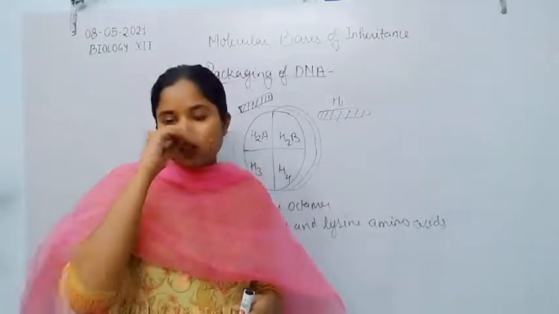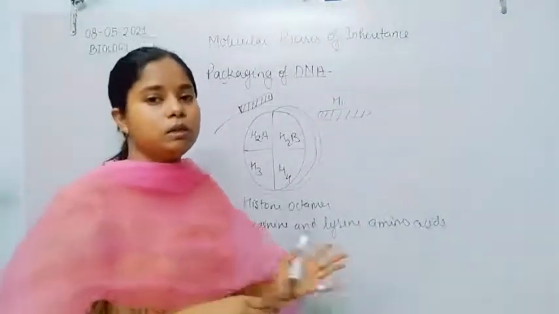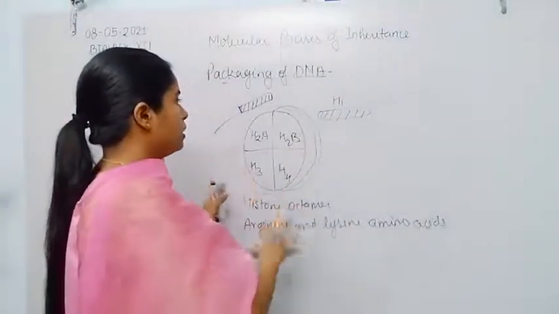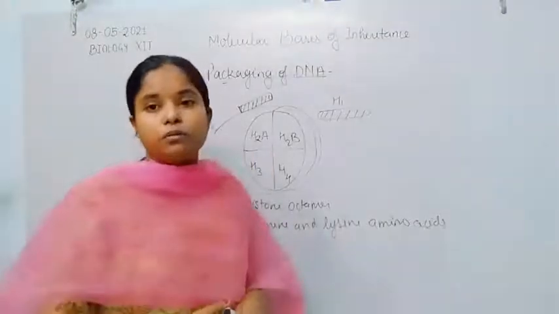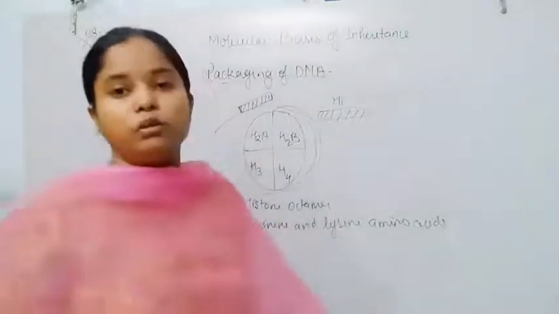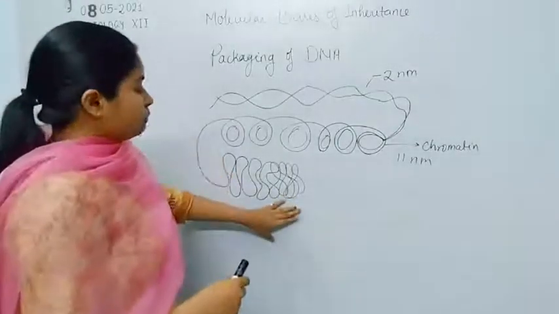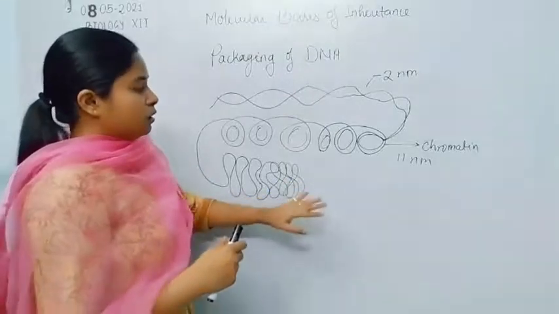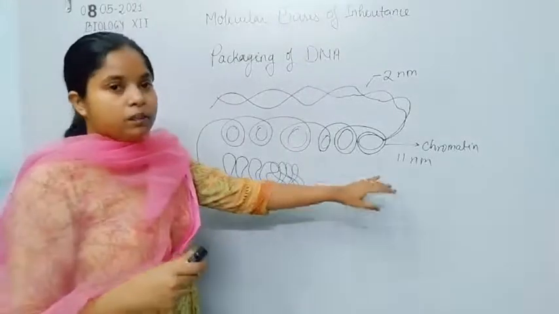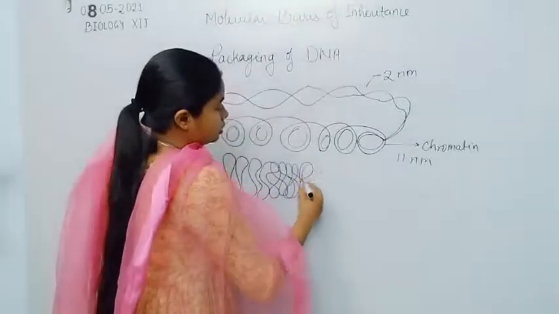So overall, here is the structure of the DNA molecule. Now let us discuss the DNA structure, and how it gets wrapped around the histone octamer. It changes from 11 nanometer, converted into the 30 nanometer structure.